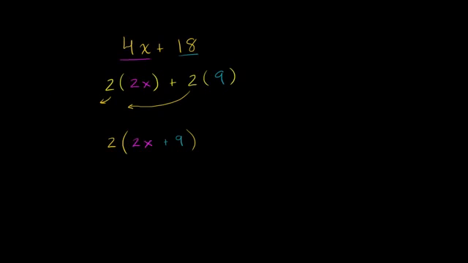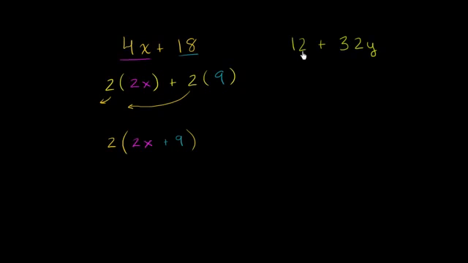Let's do this again. So let's say that I have 12 plus 32x. Actually, just to get a little bit of variety here, let's put a y here. 12 plus 32y.